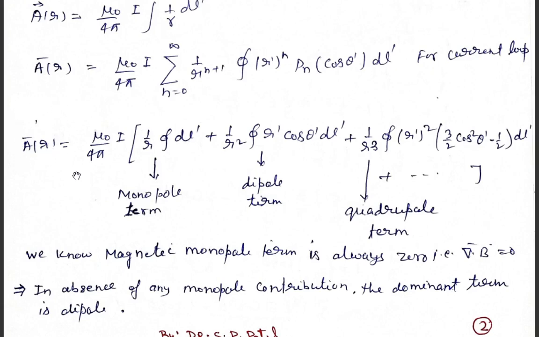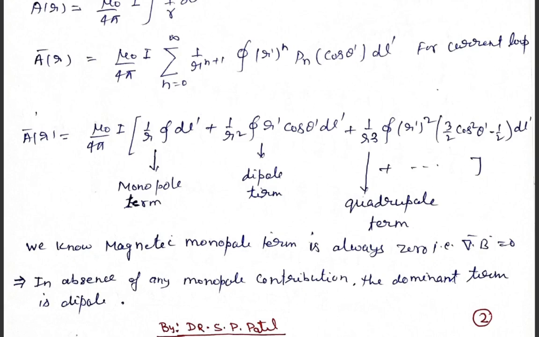But divergence of B equals 0 means the magnetic monopole term is equal to 0. So in the absence of the monopole term, the dominant term in the vector potential will be the magnetic dipole term.